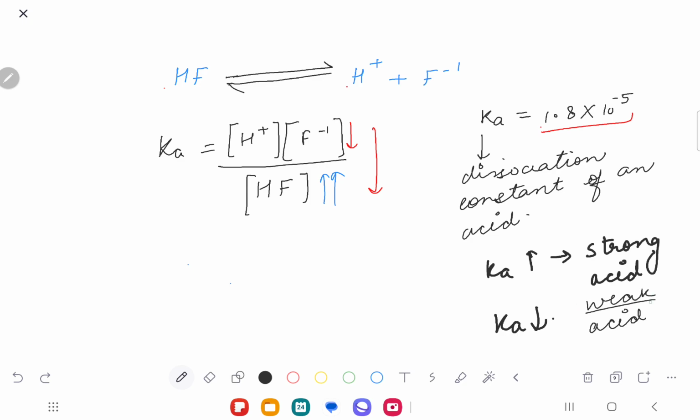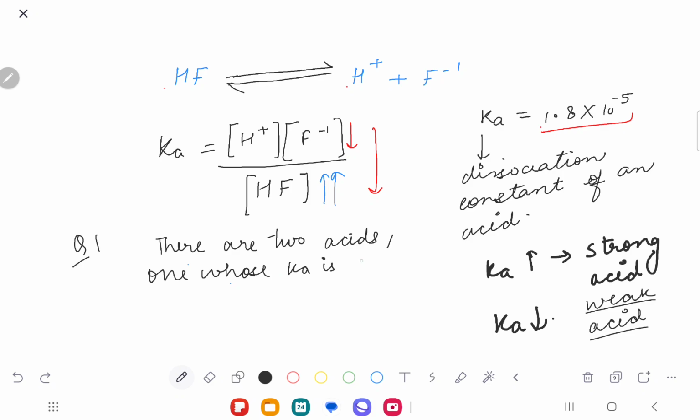Are you understanding? So one question that generally comes is, they would give you the value of Ka. It says there are two acids. One whose Ka1 is 1.8 into 10 raised to the minus 5, and another one whose Ka2 is 1.8 into 10 raised to power minus 7.